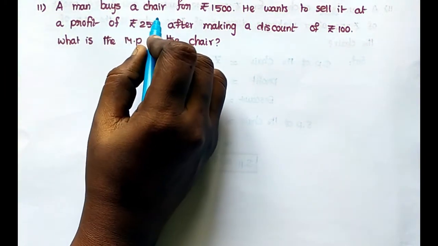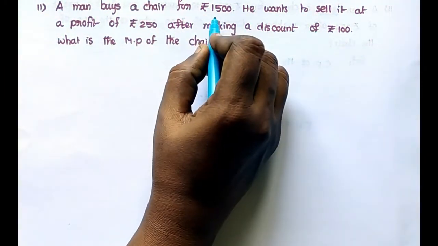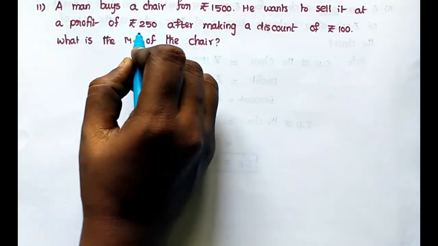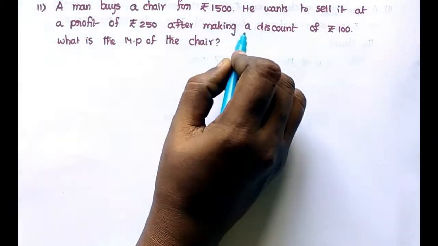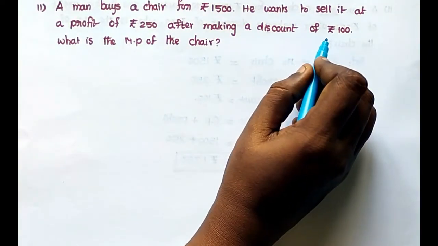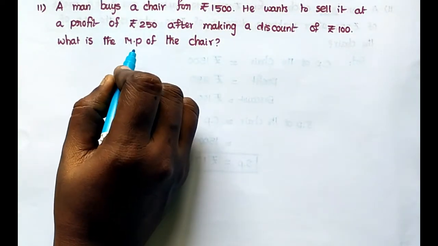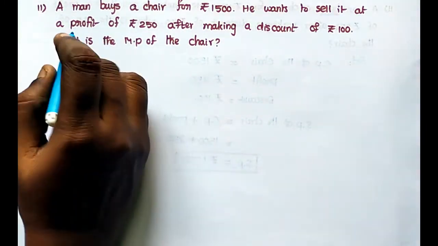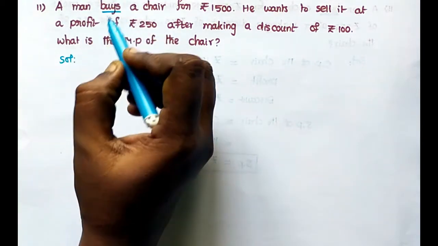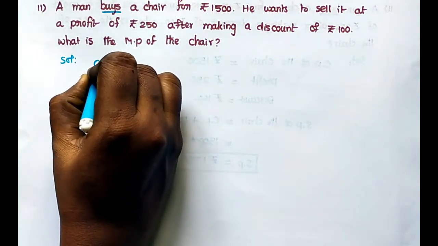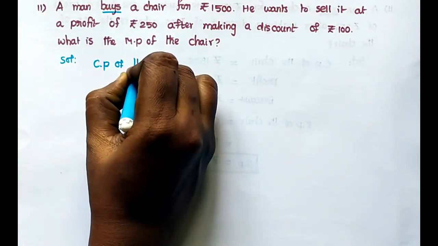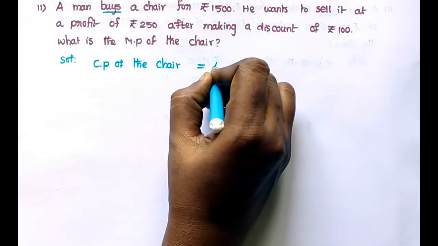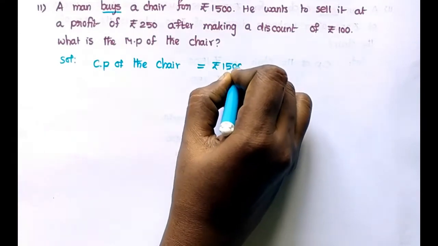11th sum. A man buys a chair for rupees 1500. He wants to sell it at a profit of rupees 250 after making a discount of rupees 100. What is the mark price of the chair? Listen. A man buys means that is cost price. Cost price of the chair equal to rupees 1500.